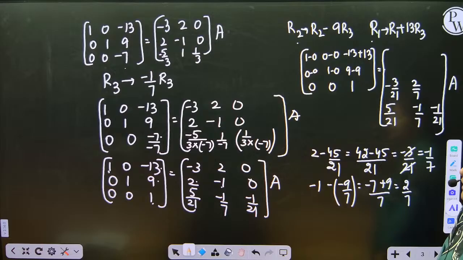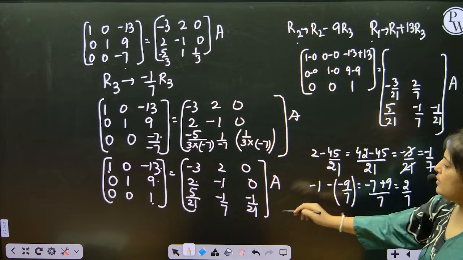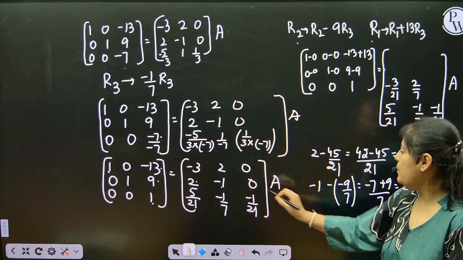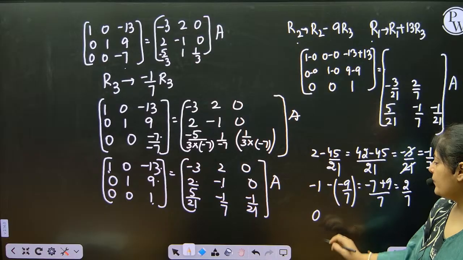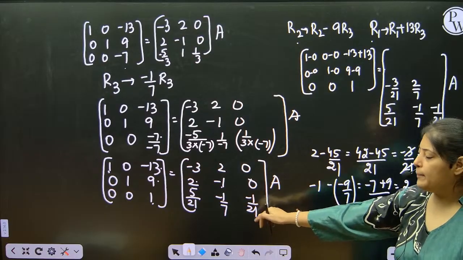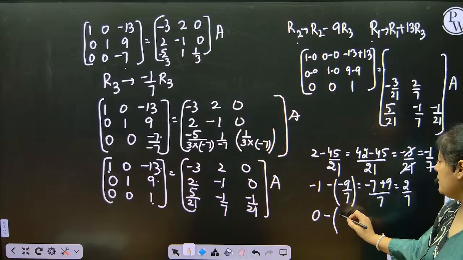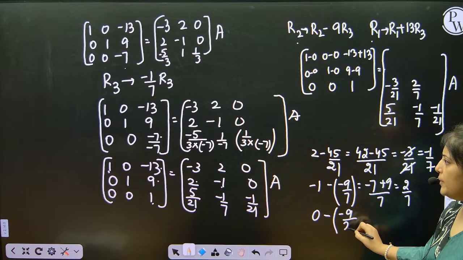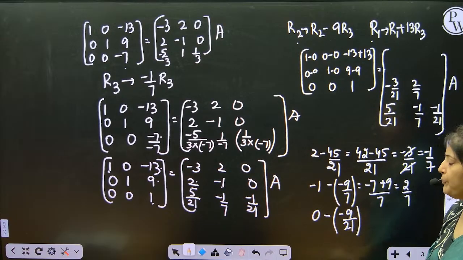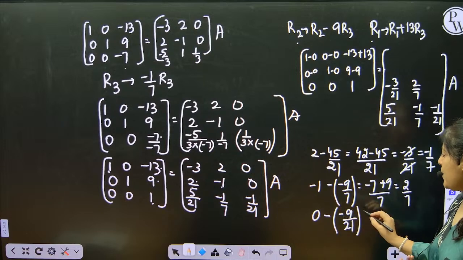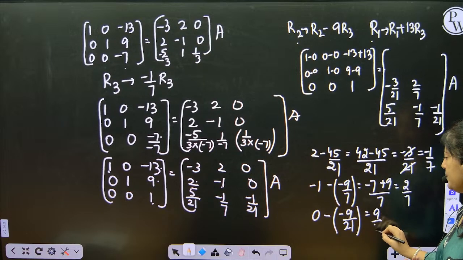Try to change the third element yourself once. Now, the third element is 0 minus, now I have to multiply this number with 9. This number will become 9 by 21. Minus minus will become plus. It will become 9 by 21.